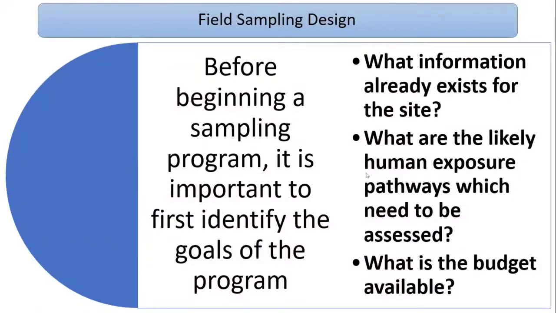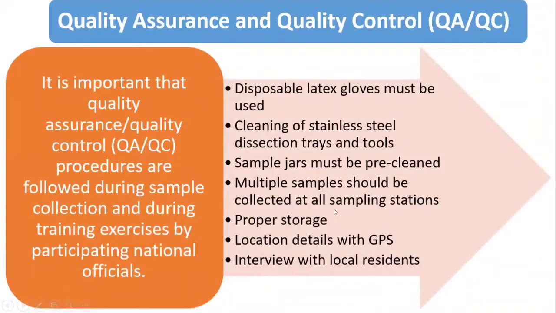Then next slide. Quality assurance and quality control. Actually, it is important that quality assurance and quality control is done for each sampling and analysis. Disposable latex gloves must be used.